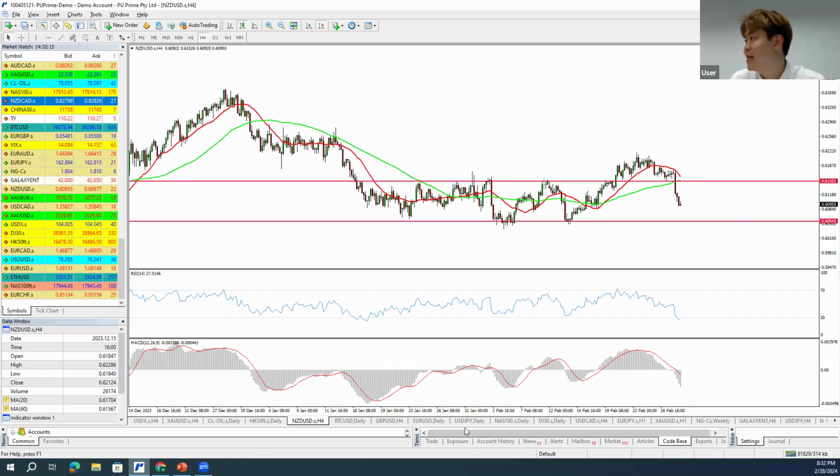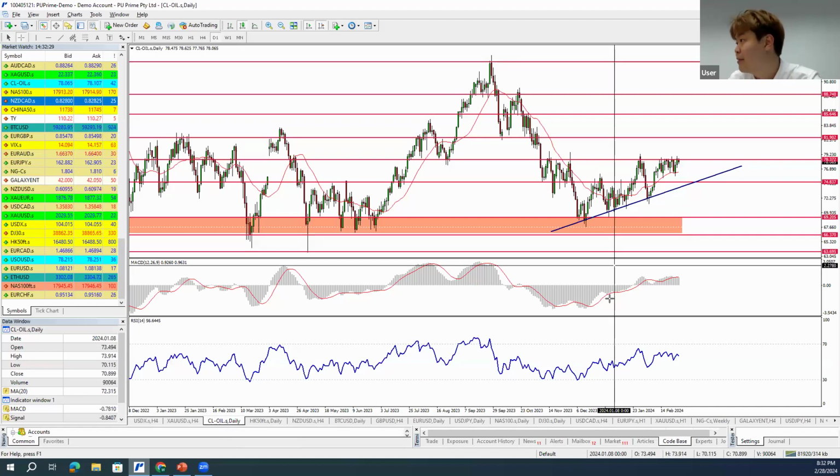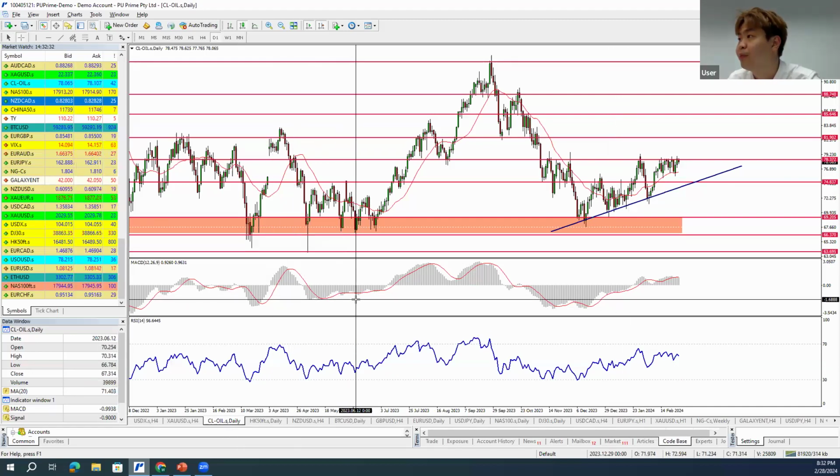Just a friendly reminder, positive and negative divergence is not an easy indicator for us to find. Normally it might form sometimes, but normally it will not. So let me see if there is any good example.